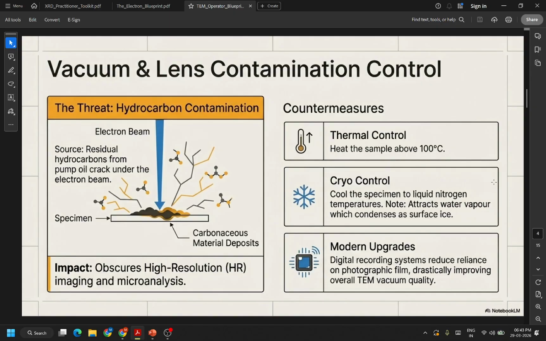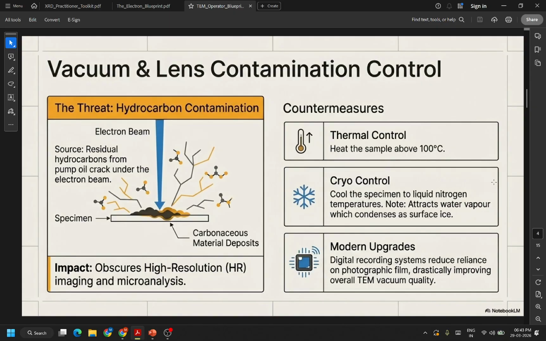Then you have contamination control. You can have hydrocarbon contamination. What will happen is that residual hydrocarbons from pump oil crack under the electron beam. So if carbonaceous material deposits on a specimen, they will obscure the high resolution image analysis. So countermeasures are used.